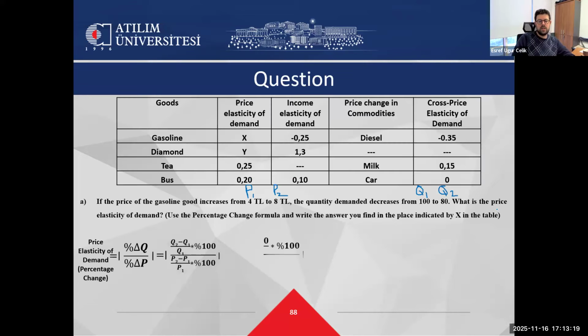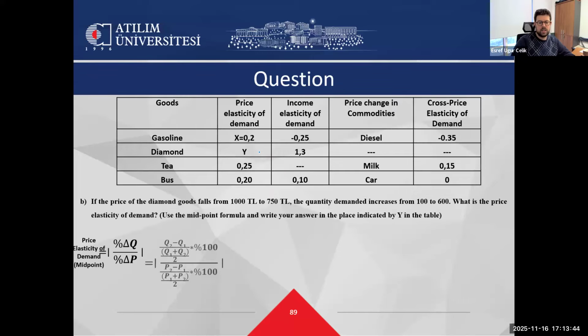Then we can use the percentage change formula. Then we can find the answer is 0.2. So X is 0.2. So this is in the range between 0 and 1. So this is an inelastic good.